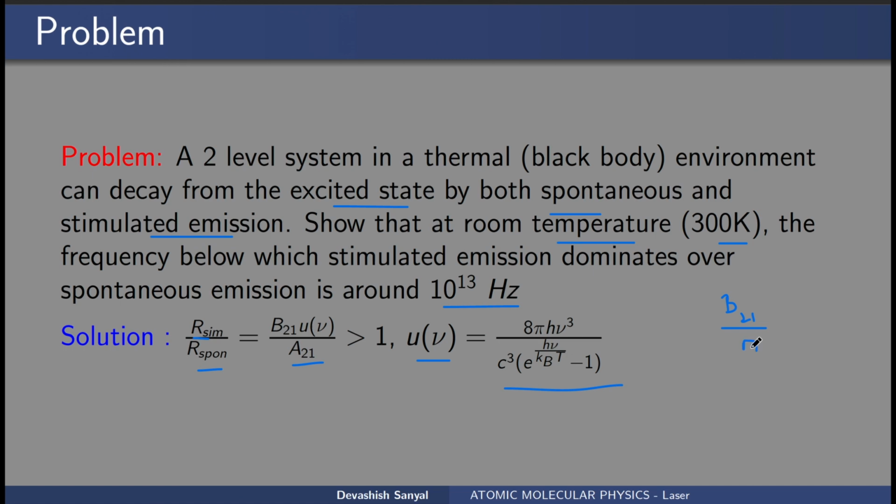So from there we can get the frequency in which stimulated emission dominates over the spontaneous emission. This is around 10 to the 13. So we just put it here, and from there we have to calculate nu.